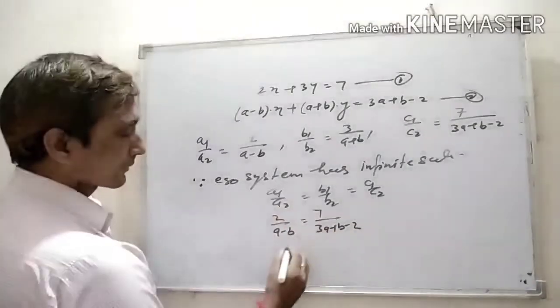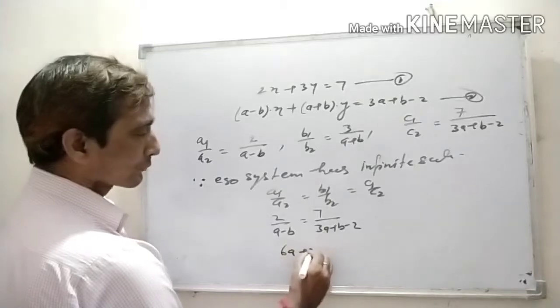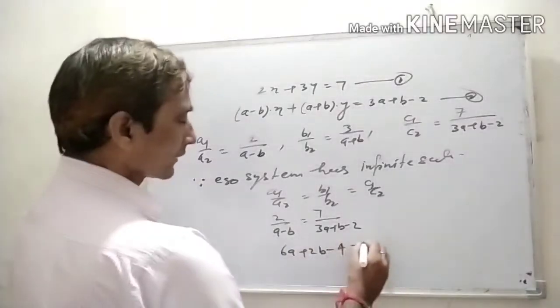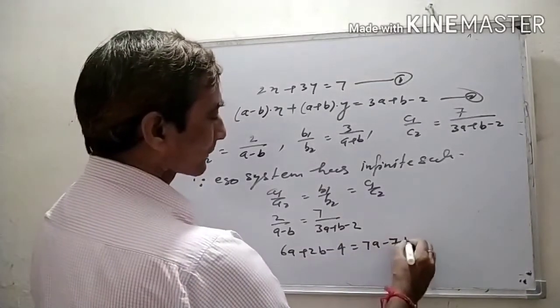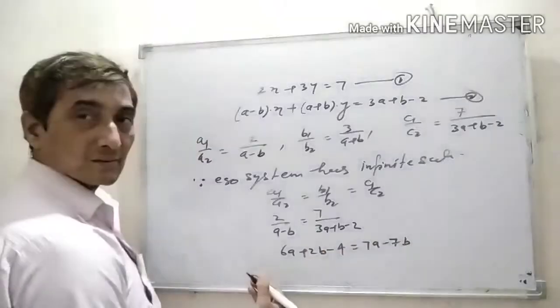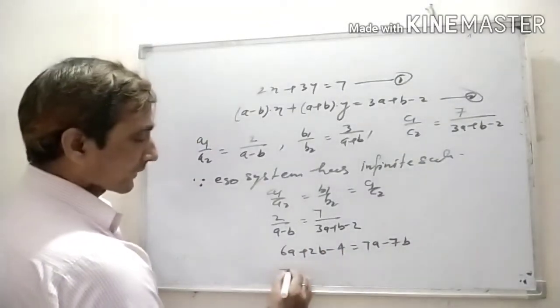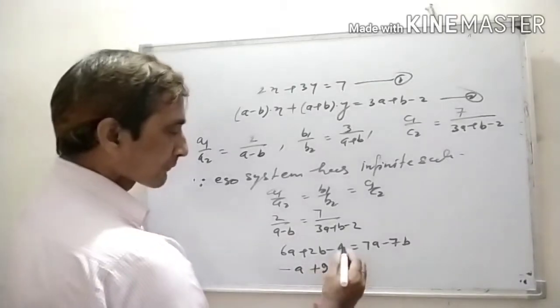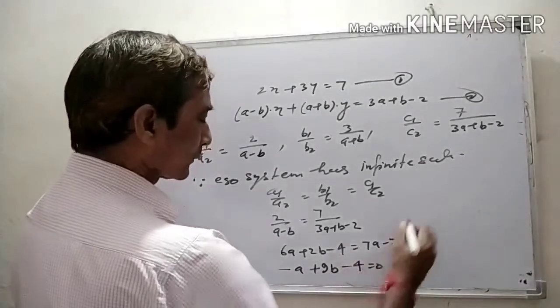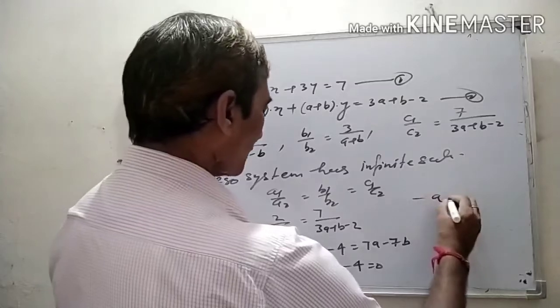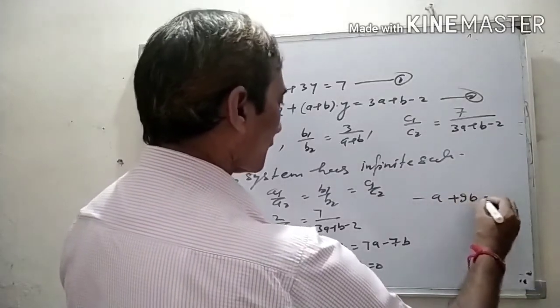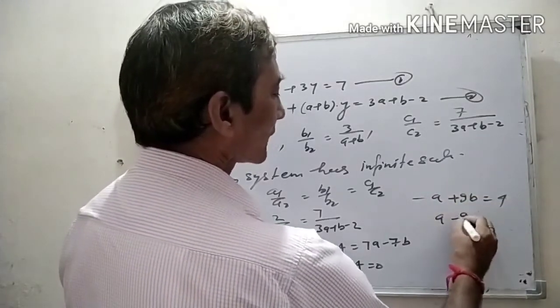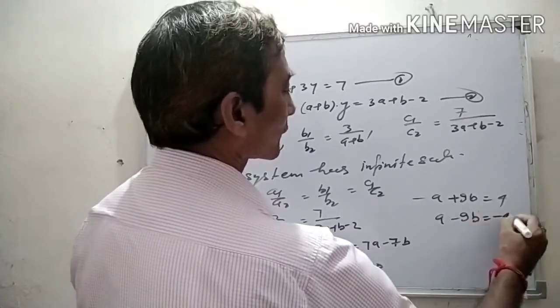so by cross multiplication 6a plus 2b minus 4 equal to 7a minus 7b. By side change you will get minus a plus 9b minus 4 equal to 0, or minus a plus 9b equal to 4, or a minus 9b equal to minus 4.